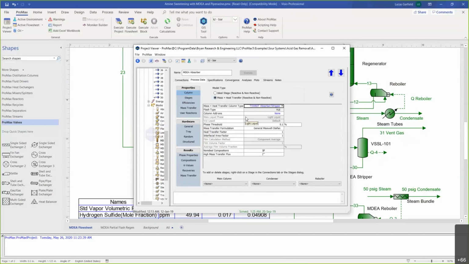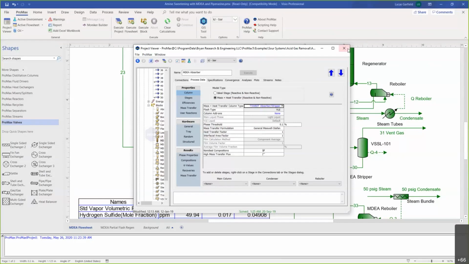T-Suite is the name for one of our old legacy products, and we've kept it throughout the years. It stands for trace sweetening, and what this really means is that we're considering those CO2 absorption kinetics.